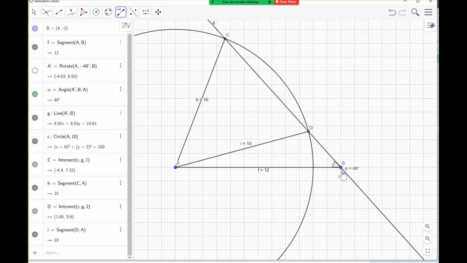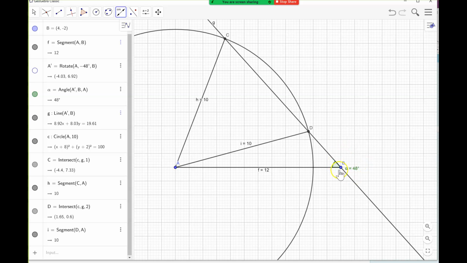So what does that mean for us now? It means that in this side-side angle situation, we're going to have to be very, very careful. Because depending on what this angle is, we might get two triangles like we've had before.